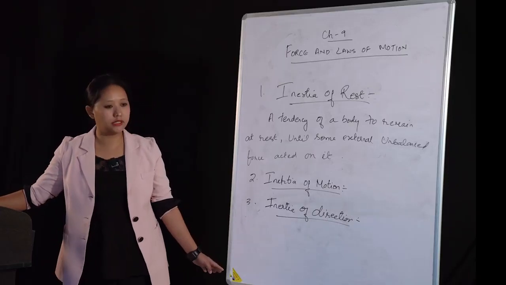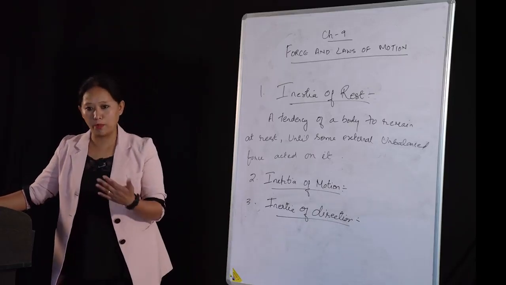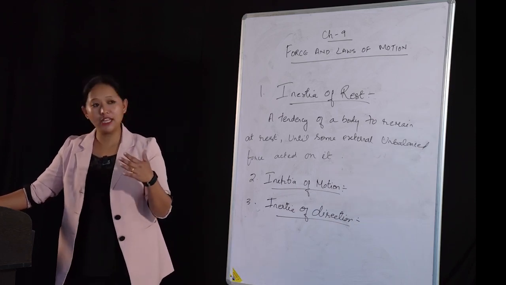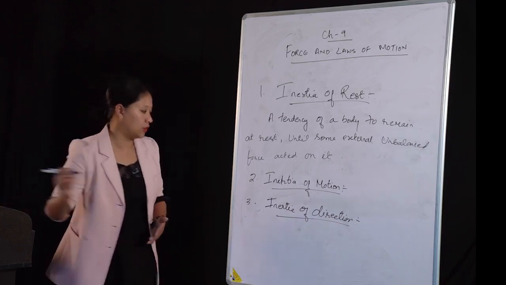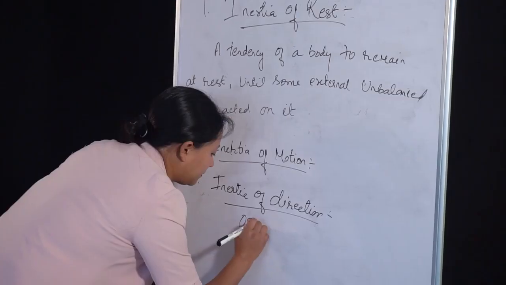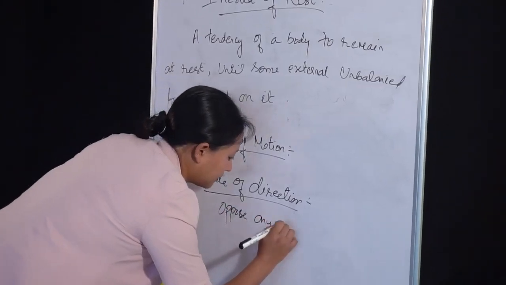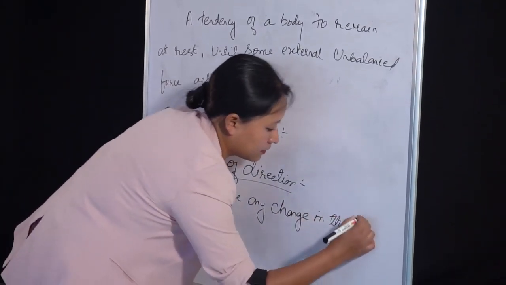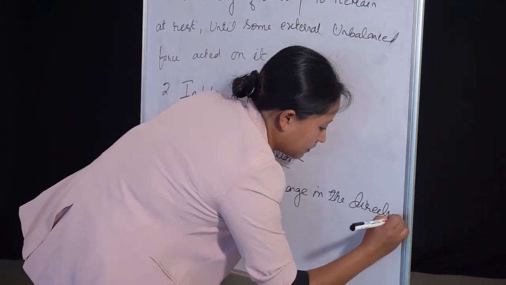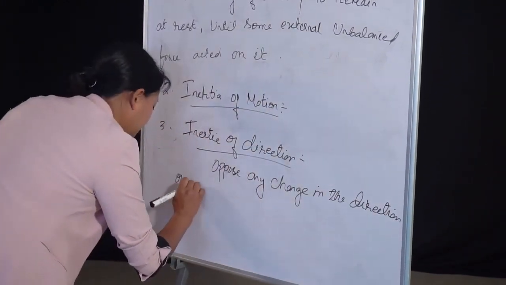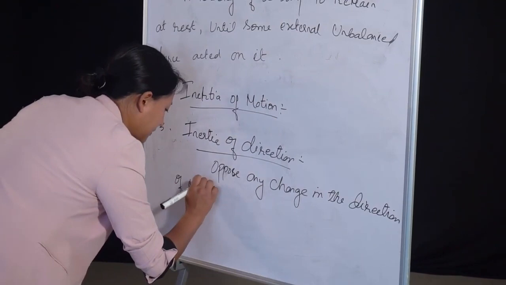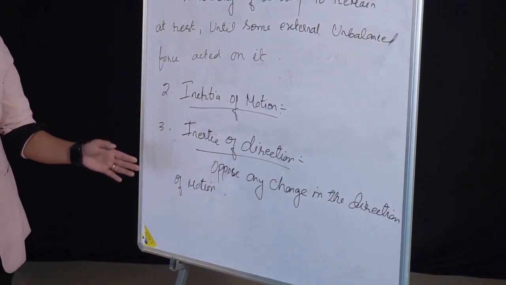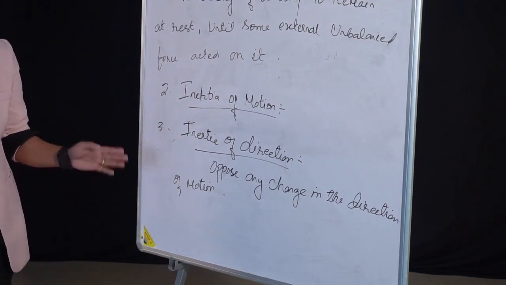Inertia of direction is the tendency of a body to oppose any change in the direction of motion. It is the tendency of a body to oppose any change in the direction of motion.